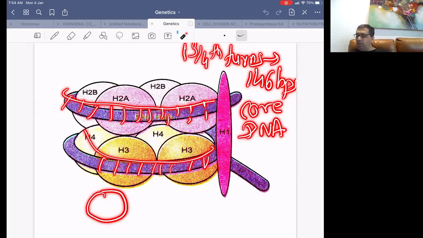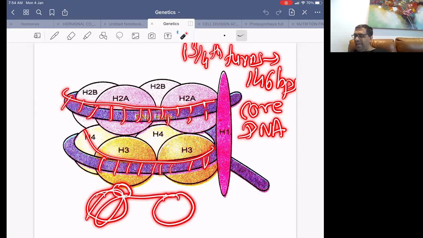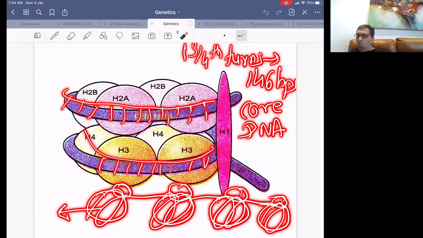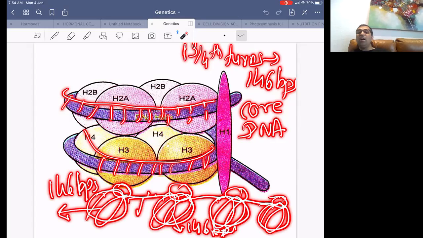And one bead on string with H1, one bead on string with 1/3 turn of DNA with H1. How many base pairs are present on the 1/3 turn? 146 base pairs. यहां कितने हैं? 146 base pairs. और उनके बीच में होता है DNA, which is called as linker DNA.